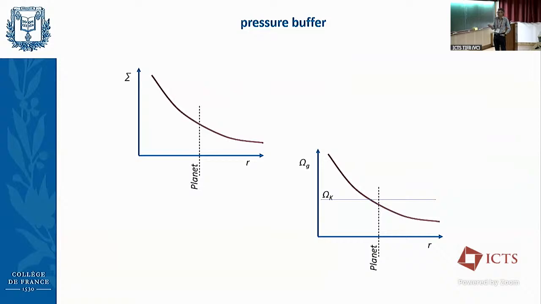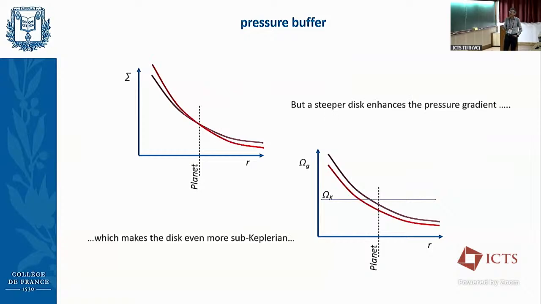Once again, at the location of the planet, the disk is rotating less fast, and it's in co-rotation with the planet closer to the star. If I take now a steeper disk, to enhance the density in the inner part, in the hope that the inner branch of the wave can win, what happens is that the disk becomes even more sub-Keplerian.